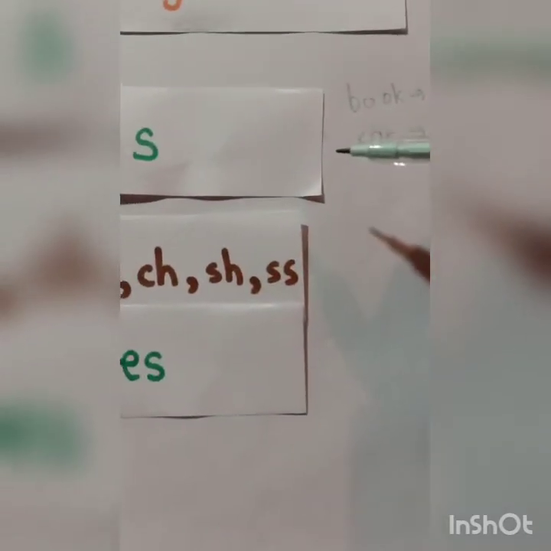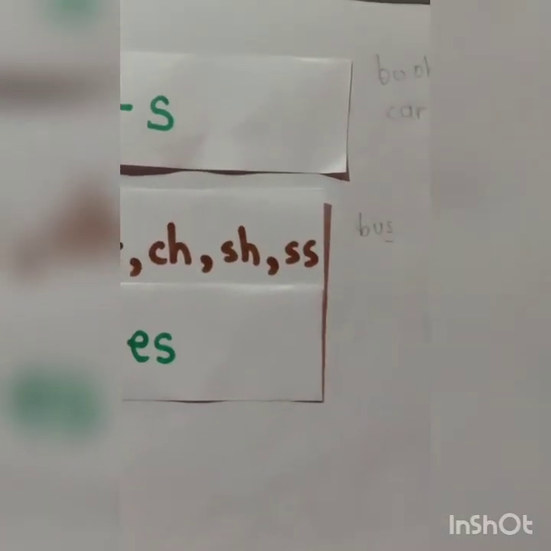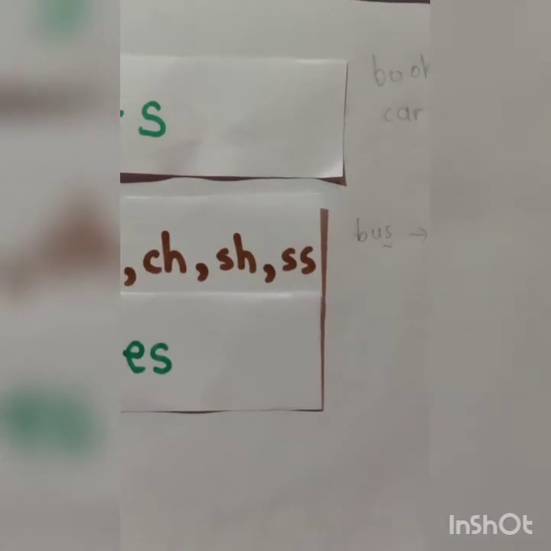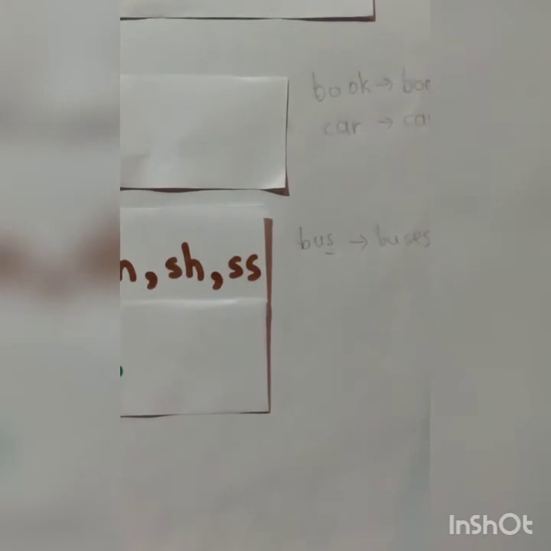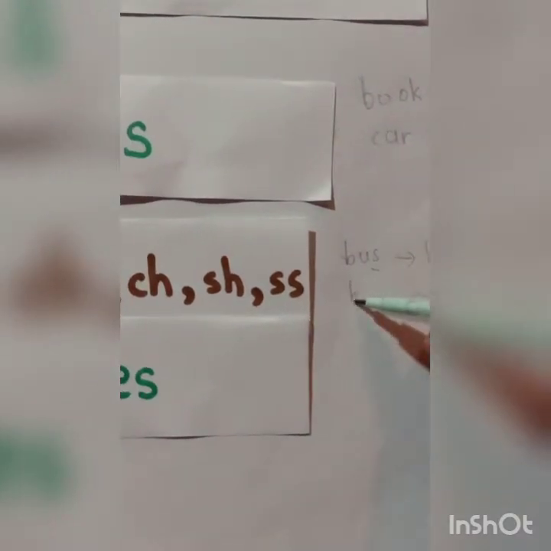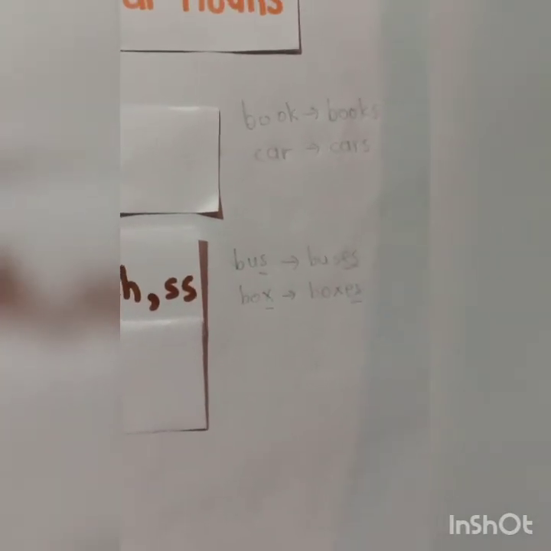So bus ends with s. So we have to add es. Or box. So box ends with x. So we just have to add es at the end.